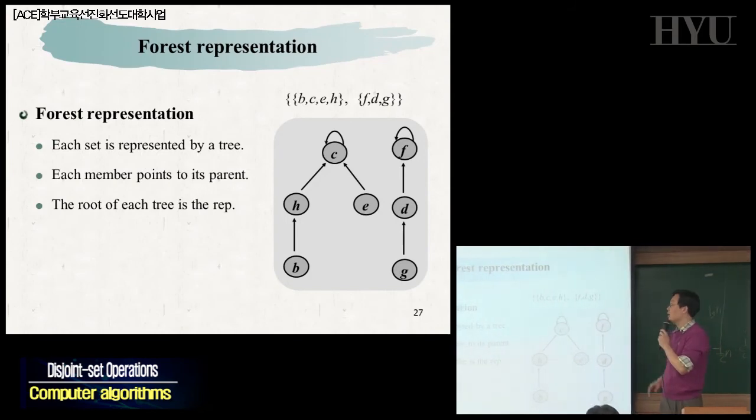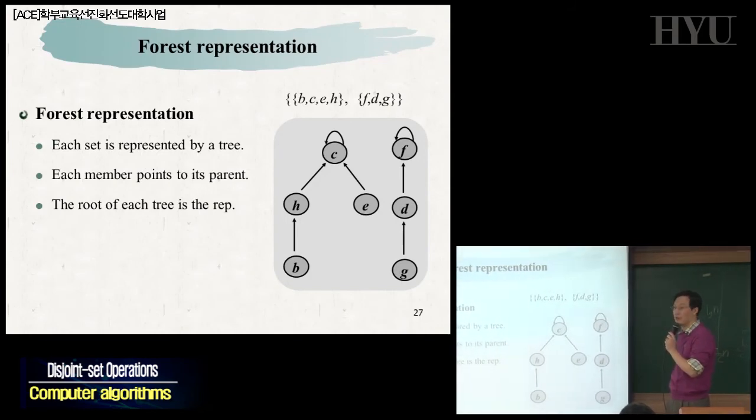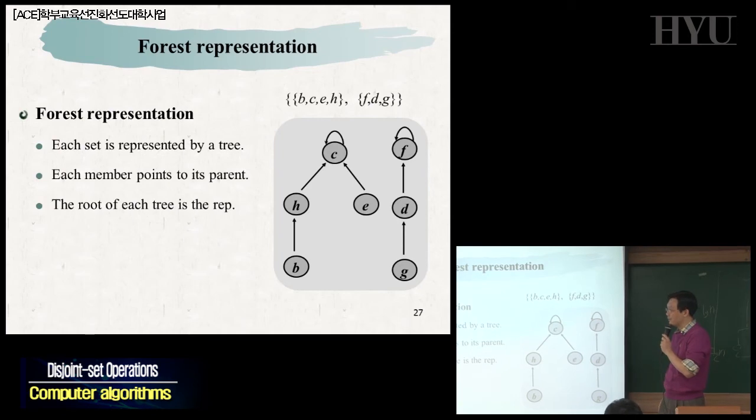And I'll explain the forest representation. It is the famous representation. In this representation, each set is represented by a tree. And each member points to its parent, and the root of the tree is the representative.